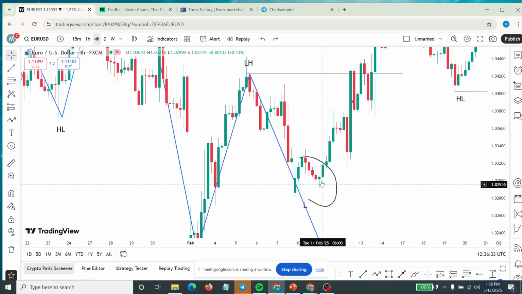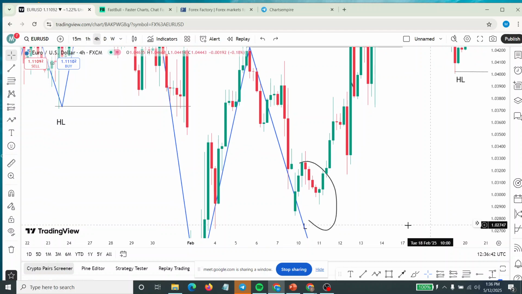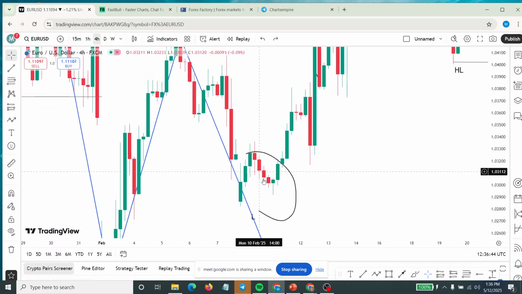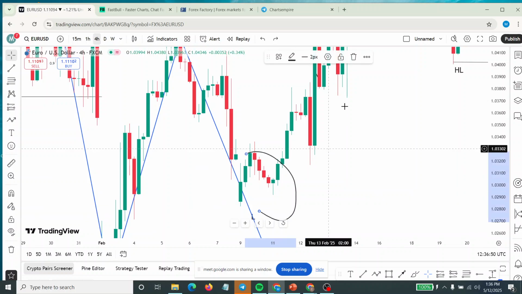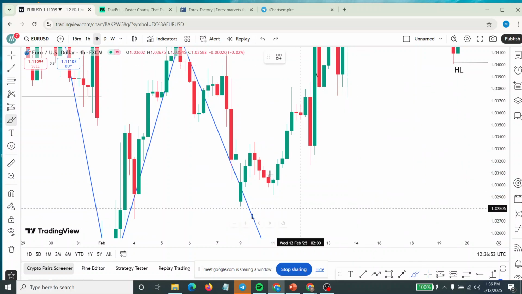No, it's not the 3 white soldiers. Firstly we are experiencing bearish. What I'm saying is a 3 candlestick pattern.